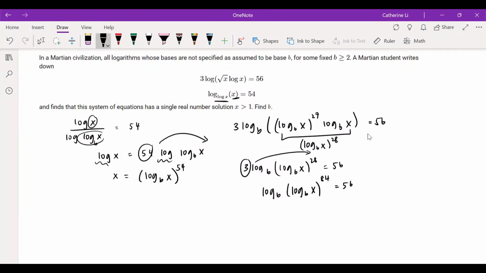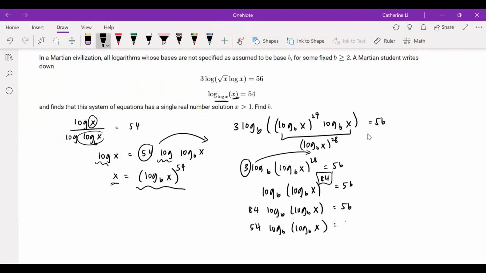Okay, so now we want to use this expression for x that we have and plug it in a couple more times. So what we want to do is change this 84 into a 54. And the way that we can do that is if we think about taking this exponent down, we can make the exponent on top 54 if we multiply log base b of x by 54 instead.